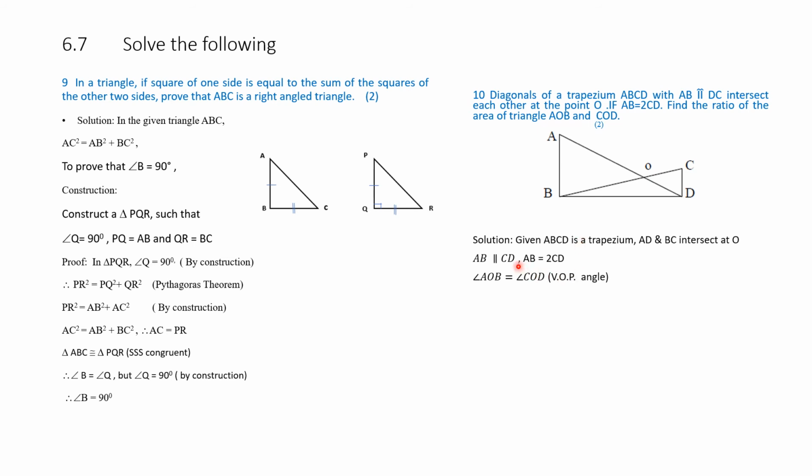Consider triangle AOB and triangle COD. Here angle AOB is equal to angle COD because they are vertically opposite angles. Angle BAO is equal to angle CDO.